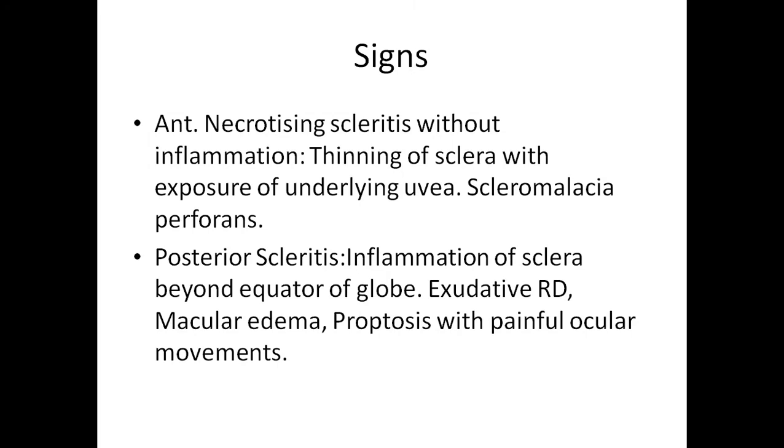You have to suspect posterior scleritis because the nodule will not be visible, as it is involving the posterior sclera. With torchlight or slit lamp, you can examine only up to the anterior sclera, up to the equator. Beyond the equator, you cannot see with the slit lamp.